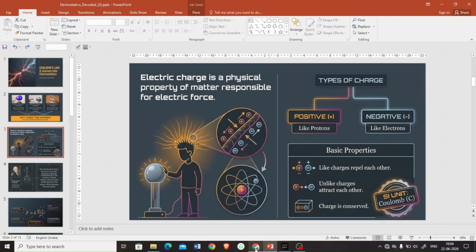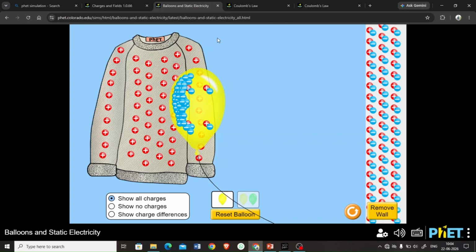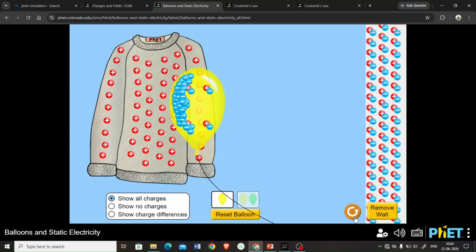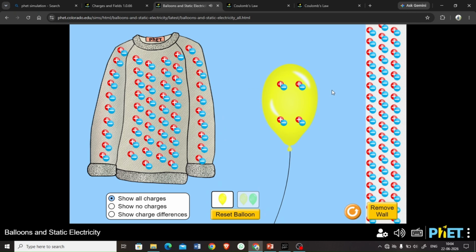Now I use a PhET simulation to understand the concept well. I have a balloon here, containing positive and negative charges, here as well and here as well.